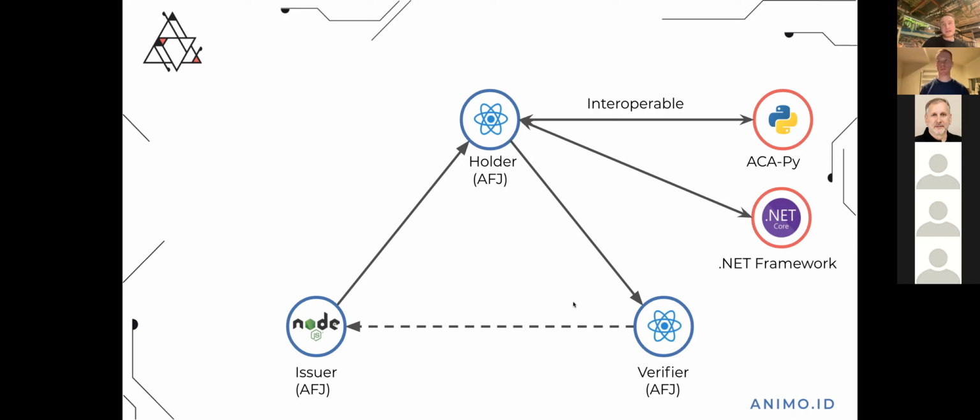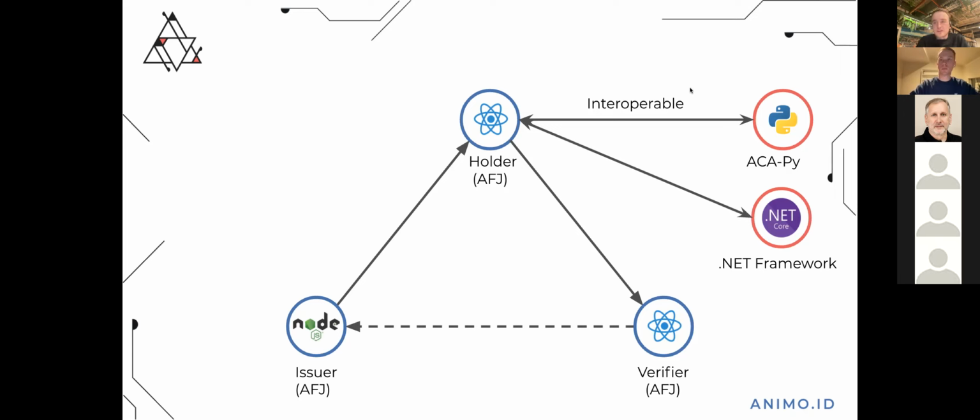Another thing I talked about before is interoperability with other implementations. So if you use AFJ for multi-platform SSI development, you can already be assured of interoperability, because we do a lot of testing with our own framework.